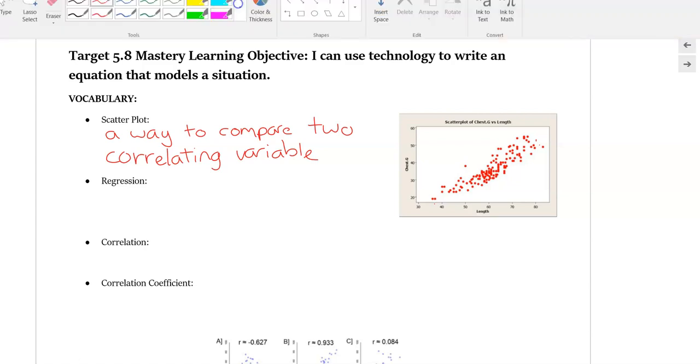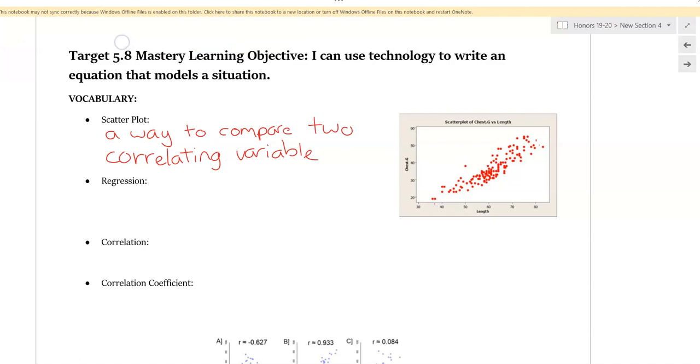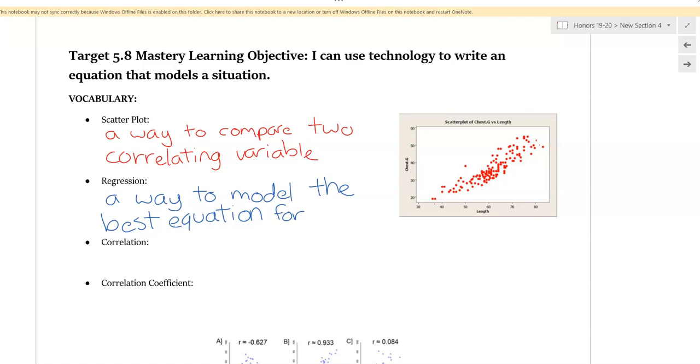So then a regression is something we do, and it is a way to model the best equation for the data.